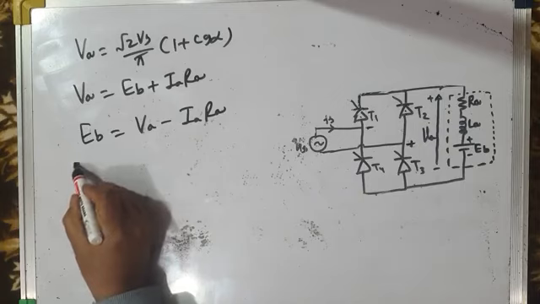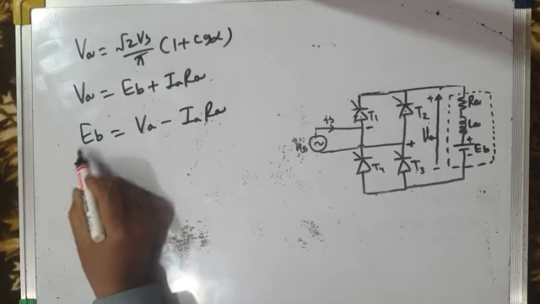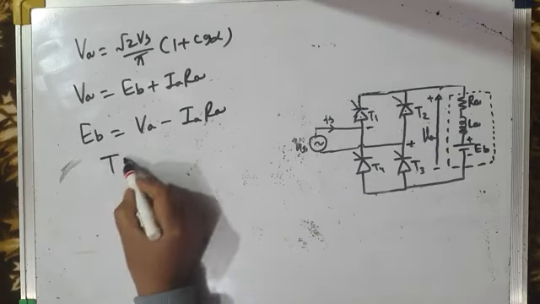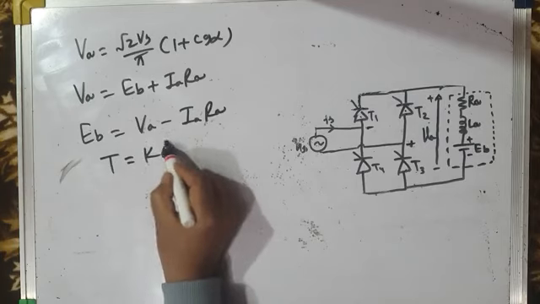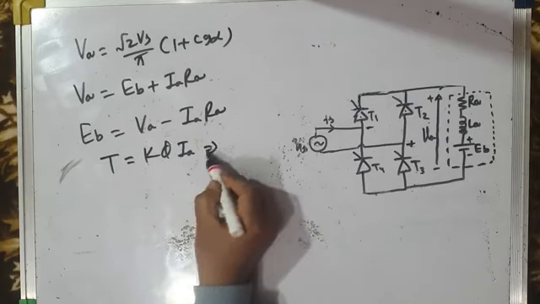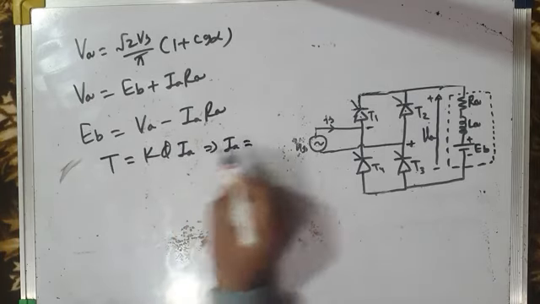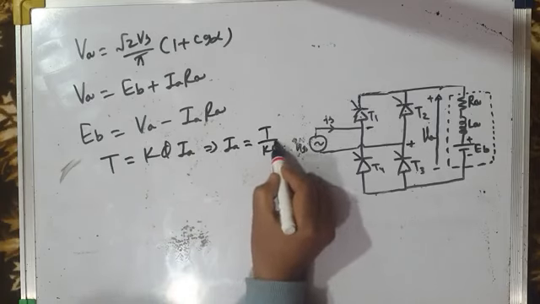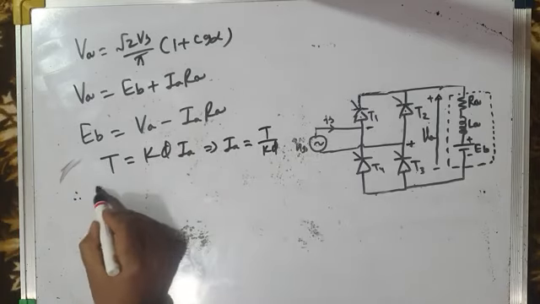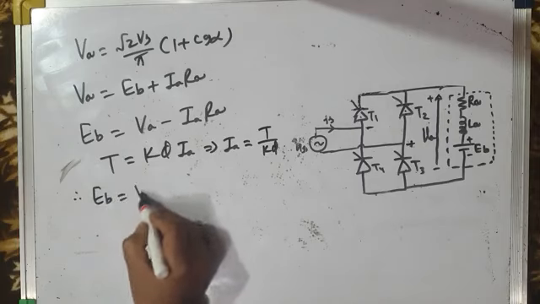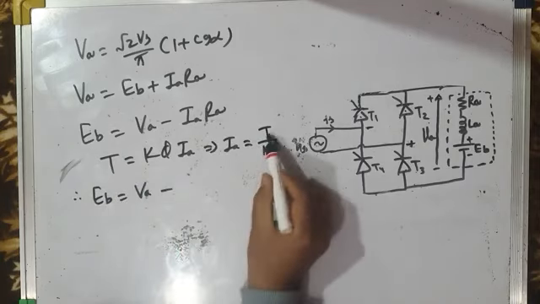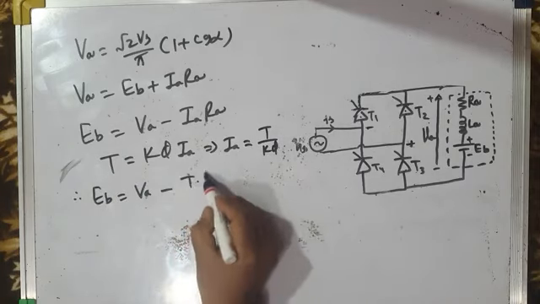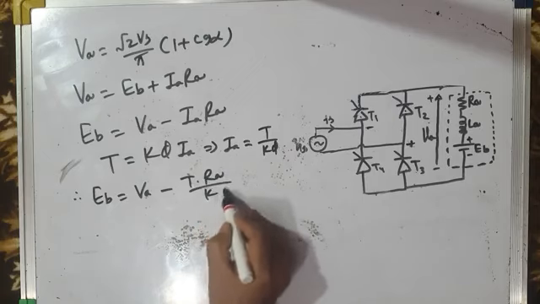Since the torque developed by the motor is equal to K phi Ia, Ia is equal to T by K phi. So you can substitute here. Therefore, back EMF Eb will be equal to Va minus Ia Ra, with Ia as T by K phi, so T Ra by K phi.